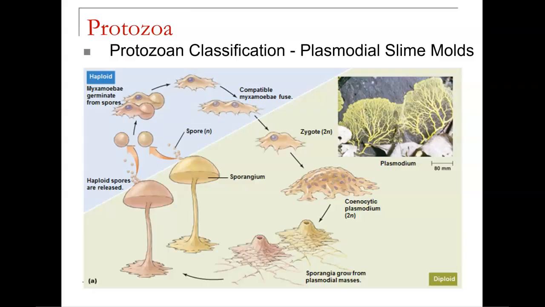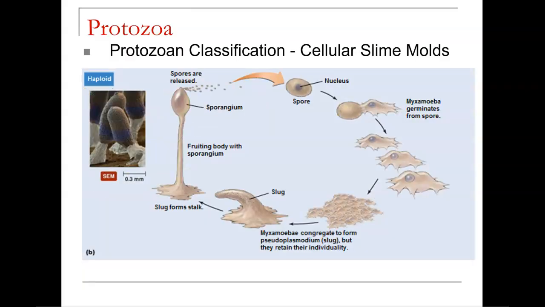So you'll have two different types. You have plasmodial slime molds. These are going to be composed of multinucleated filaments of cytoplasm, and they're going to be found in the forest litter. They phagocytize organic debris and bacteria, and plasmodiums are going to be bodies that contain millions of diploid nuclei. You're going to have these cellular slime molds.